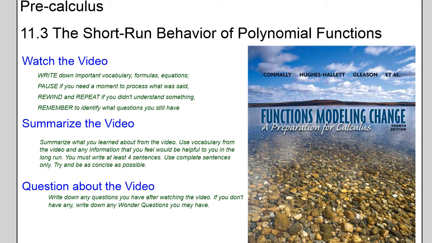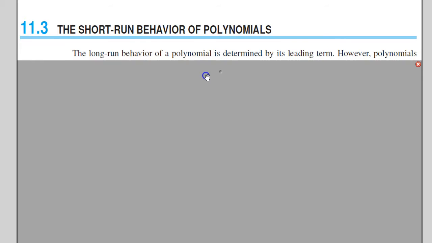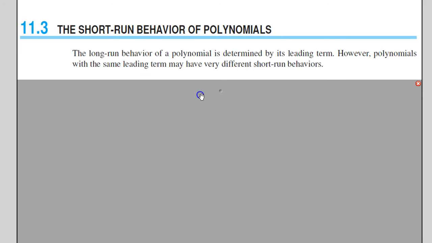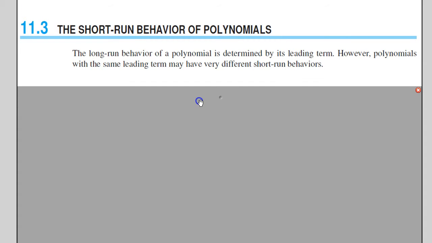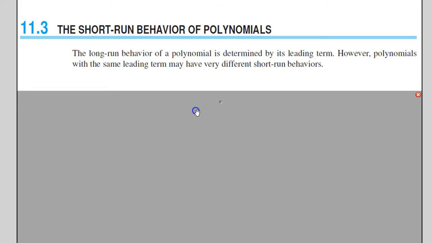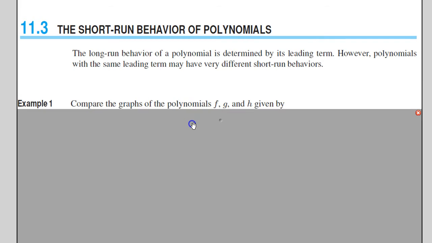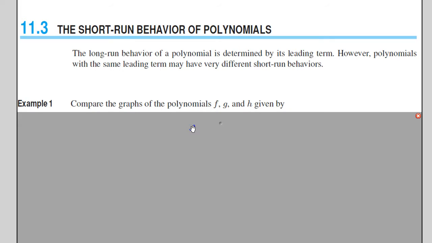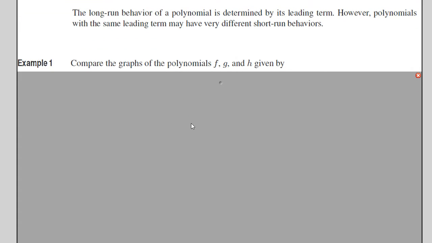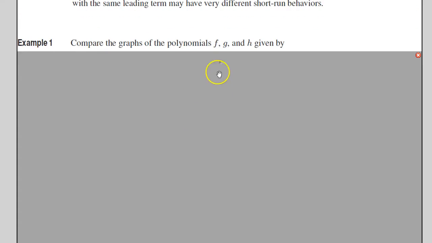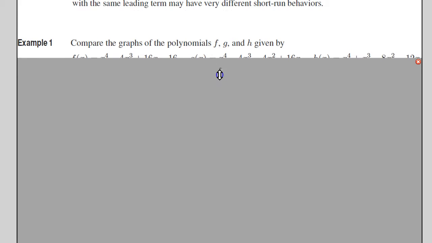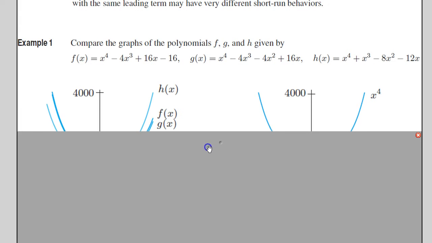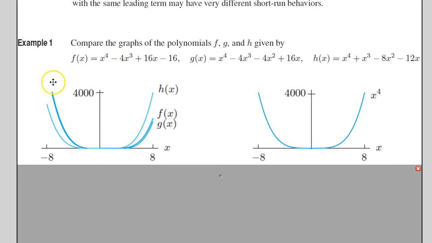All right, let's begin. So in this first example, we all know that long-run behavior is determined by its leading term. However, polynomials with the same leading term may be very different in their short-run behaviors. So we're going to take a look at three degree 4 polynomials, f, g, and h, and here are their equations, and here are their graphs.